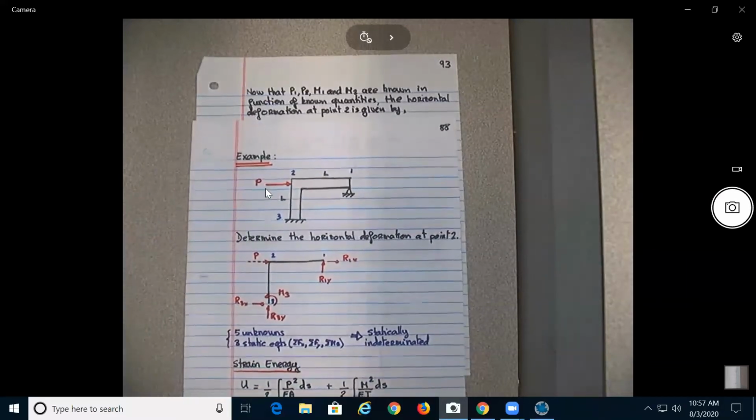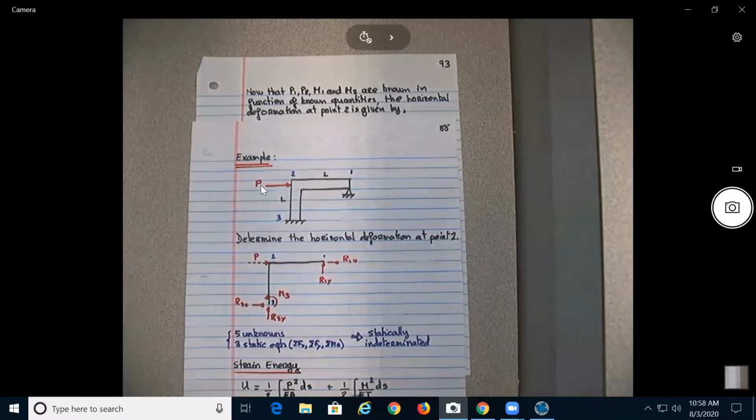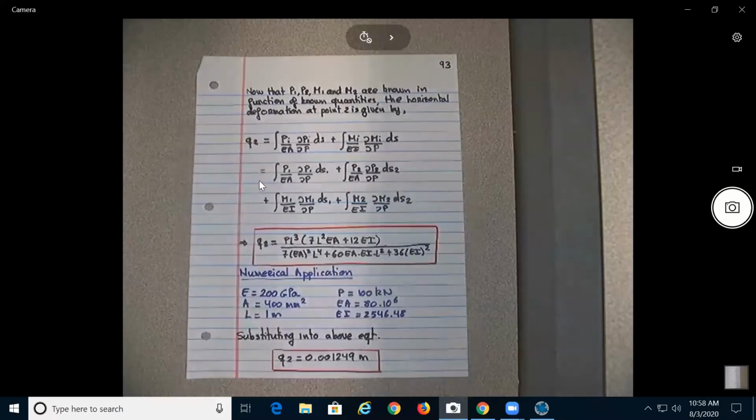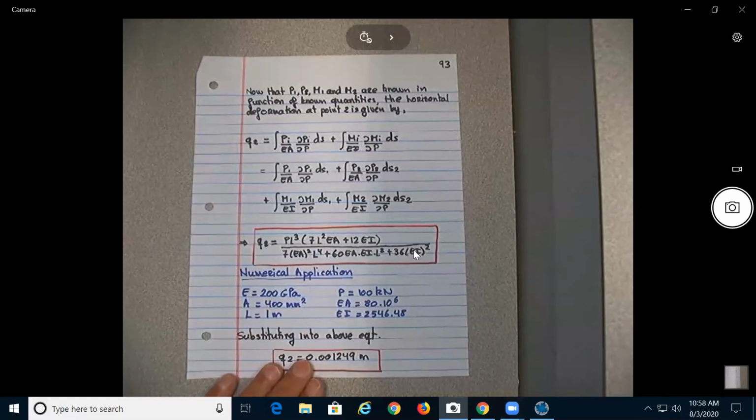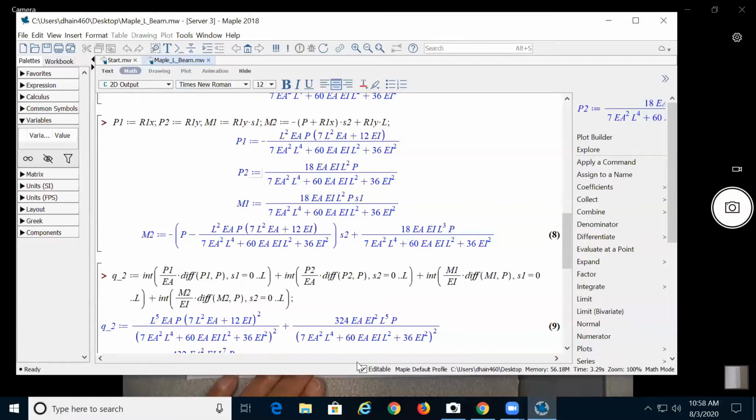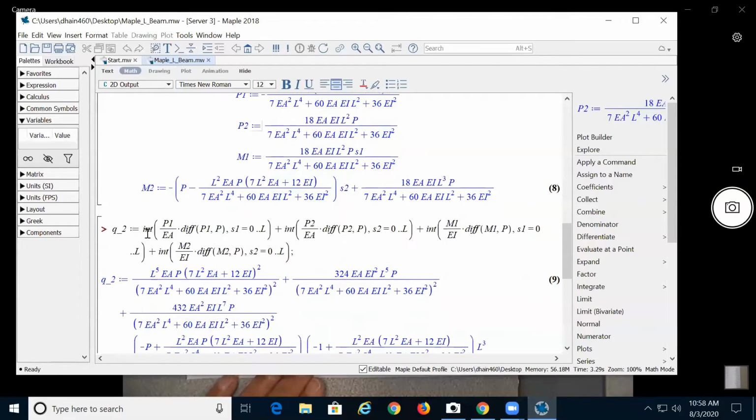Okay, so deformation at point 2 will be what? The horizontal deformation at point 2 would be with respect to which force? P. So basically, I will write the same expression as before, but this time with respect to P, P, P, P, and then the moments P and P, okay? So beam 1, 2, 2, 3, 1, 2, 2, 3. And if you do it by hand, it will take a while, but I use Maple here.